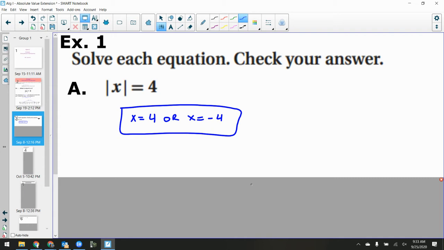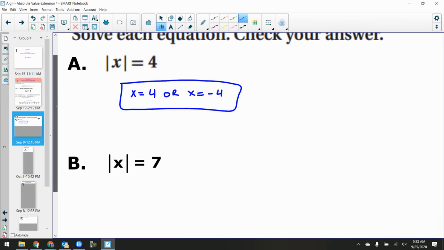Yes, I could have two different answers to this problem. That will happen in the future as well. Once we get to the quadratics chapter, a lot of those quadratics will have two different solutions. There will be two blanks that you write your answer on.